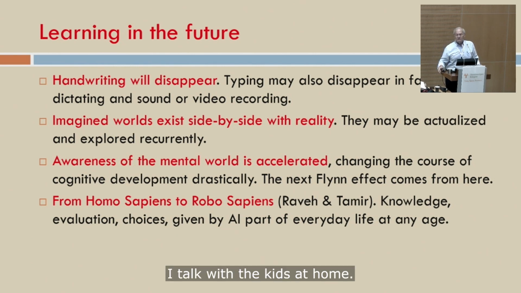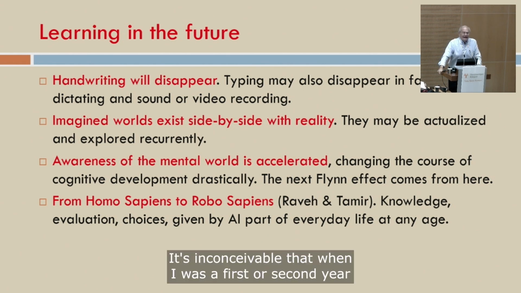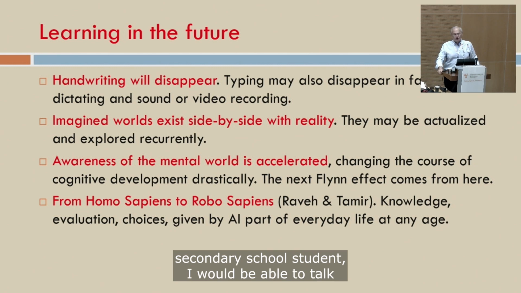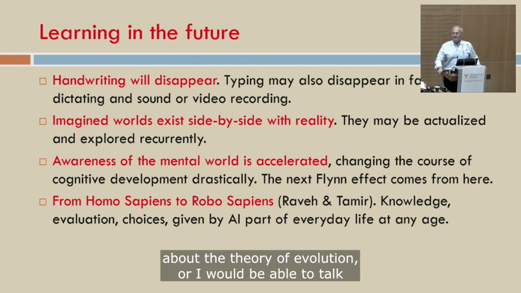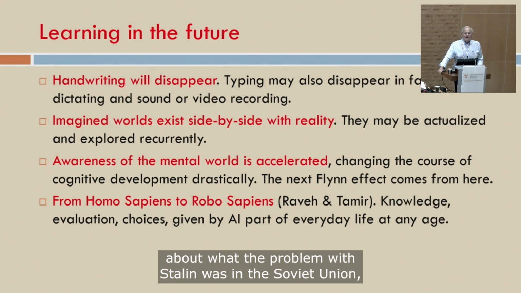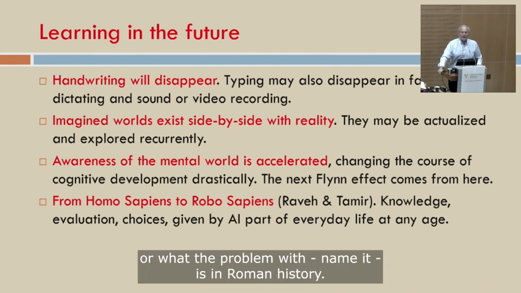I talk with the kids at home. Their age goes from 6 to 15. It's inconceivable that when I was a first or second year secondary school student, I would be able to talk about the theory of evolution, or what the problem with Stalin was in the Soviet Union, or what the problem with, name it, is in Roman history.